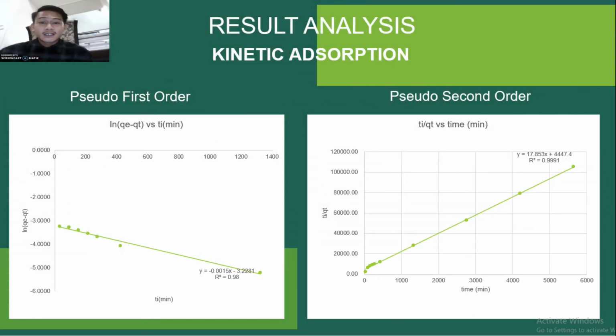So next on this slide is about the result analysis of kinetic adsorption. On this slide, you can see the graph of pseudo first order and the graph for pseudo second order. Okay, from the pseudo first order graph, the y-intercept of the model is negative 3.2281, which is equivalent to ln Qe.